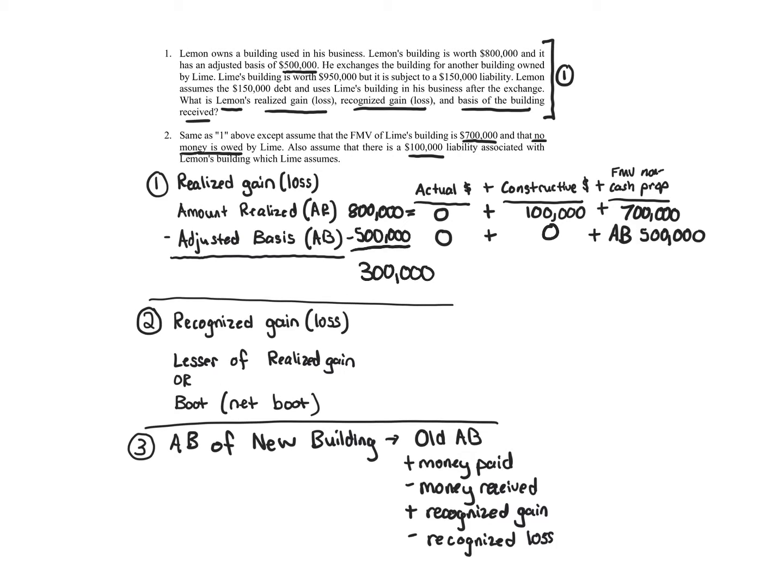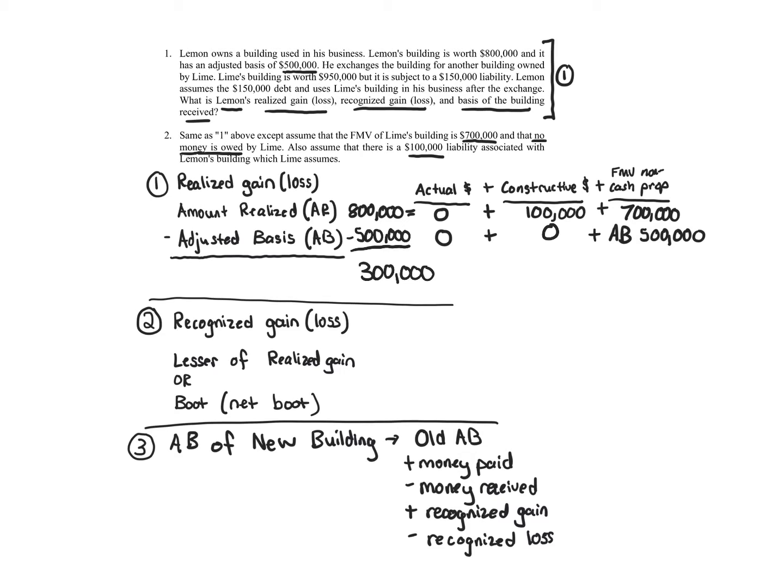Okay. Now we go to step 2. Step 2, we determine the recognized gain or loss. Remember in the tax law, the general rule is that all realized gains and losses are recognized unless there's some type of special non-recognition rule. So, at this point, the only non-recognition rule you should be thinking about is like-kind exchanges.